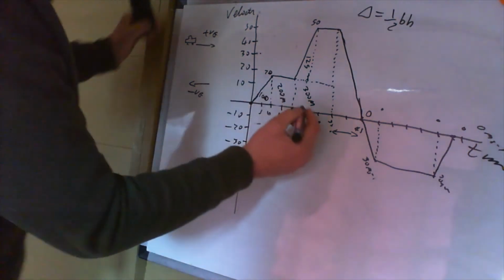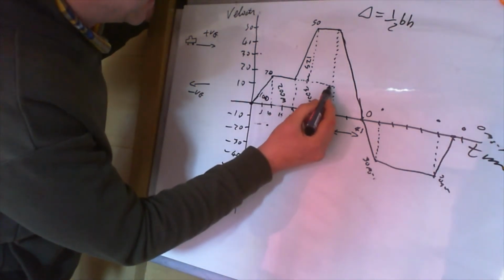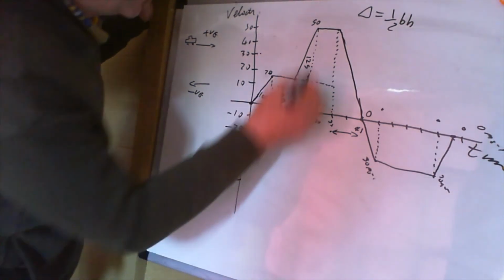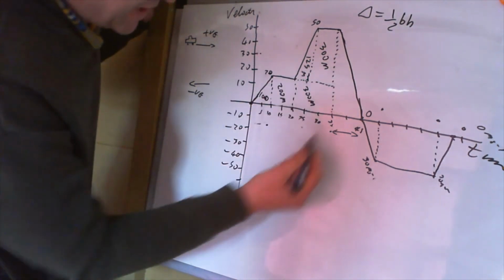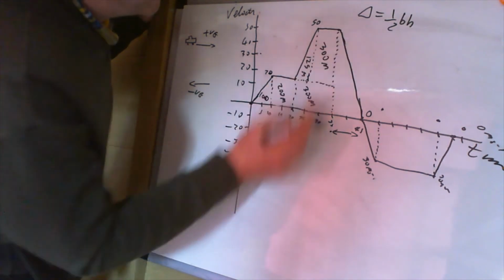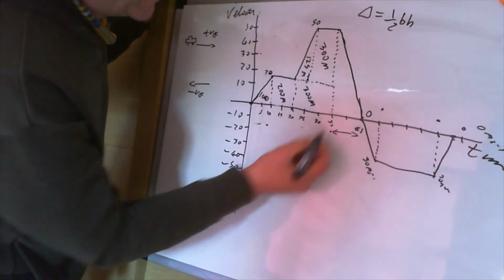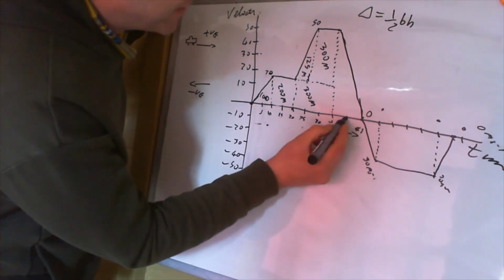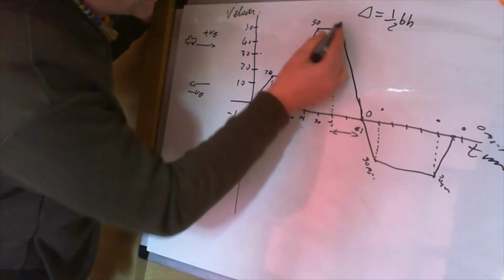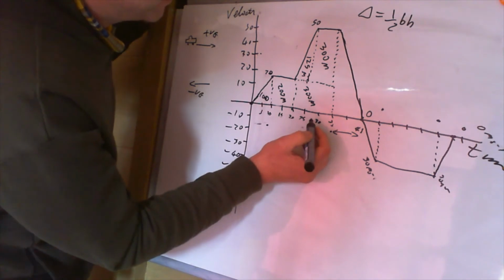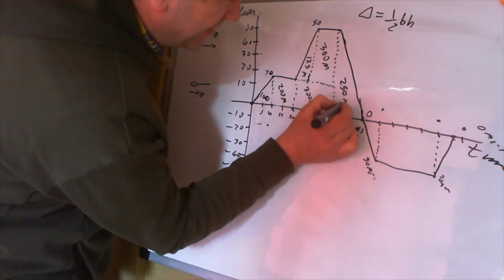And then this bit here, that was 10 seconds, and that was 30, so that's 300 meters. Remember all these are meters. This one here is 10, 50, 5 times 50. Half the base is going to be 5, and that's all the way down there this time, so that's 50 times 5, it's 250 meters.